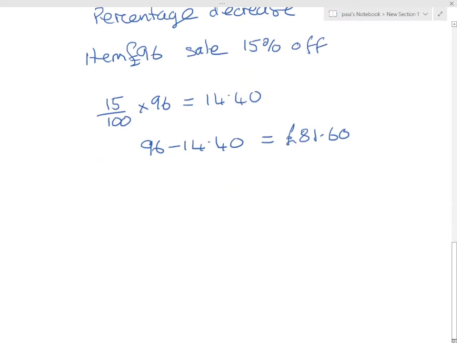Now another one is a percentage change. This is where you have an original price of, say, £58.